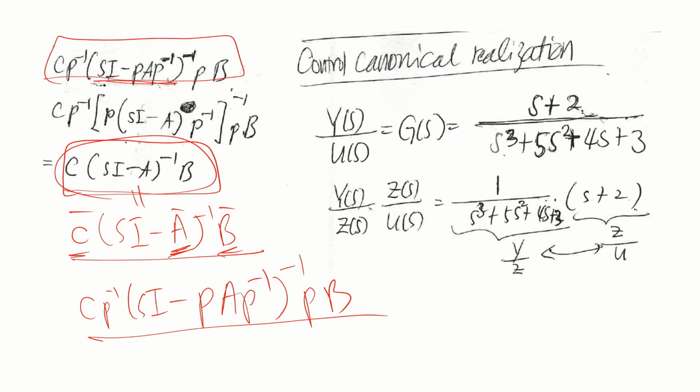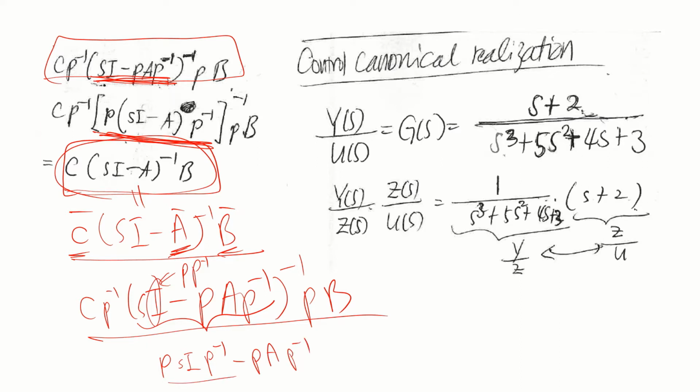So I've got the same expression copied here, and from here, sI minus P A P inverse, you can see the equivalent expression like this, because this I is P times P inverse, which is identity. So the expression inside this parenthesis can be written as sI P inverse minus P A P inverse.